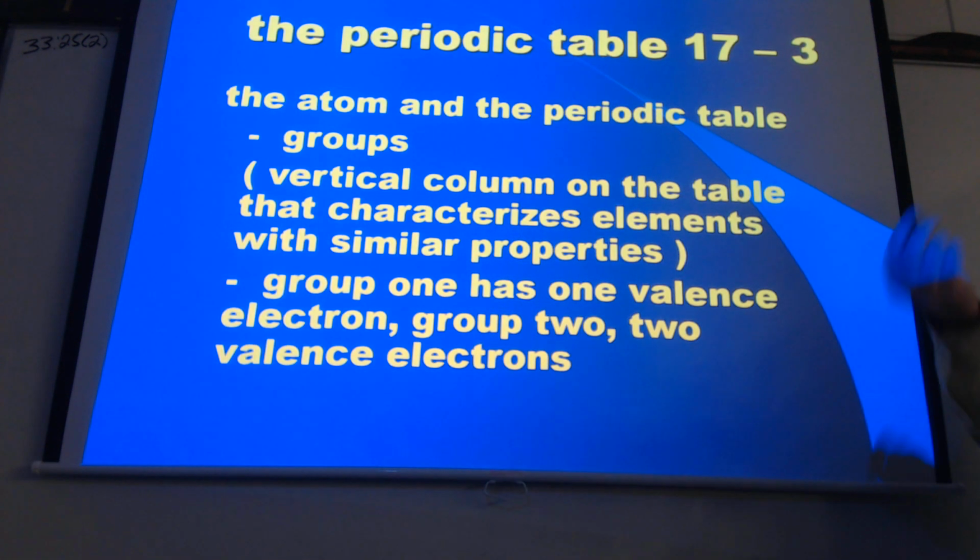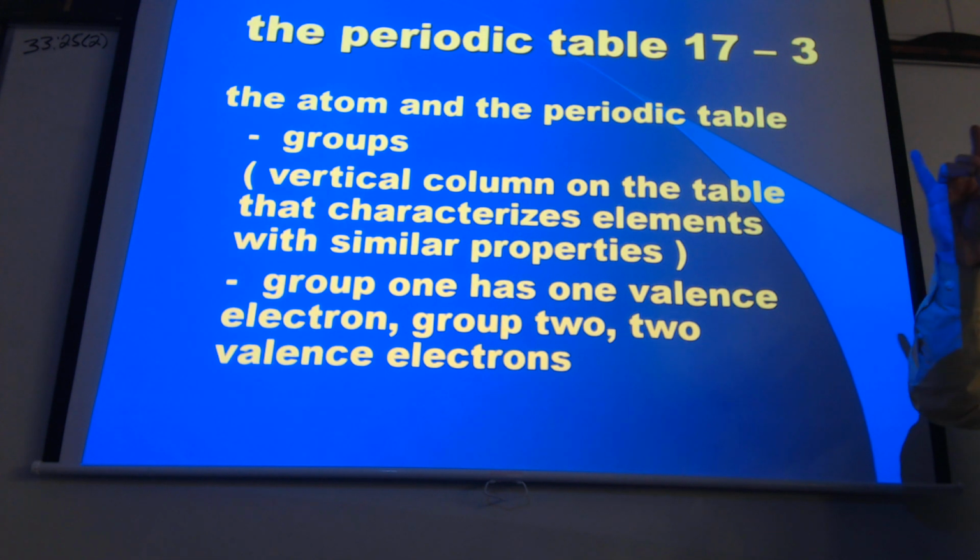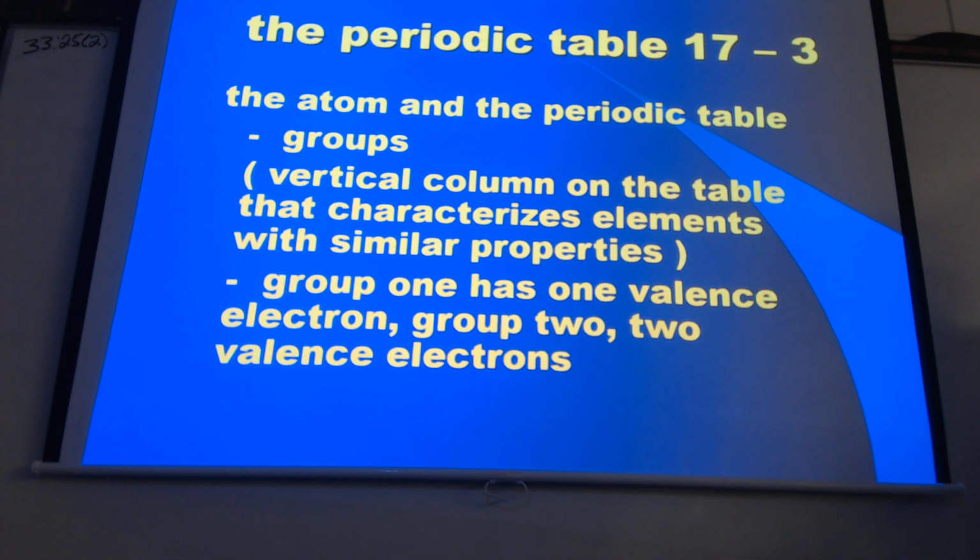So how many valence electrons do they have? 1. Beryllium, magnesium, calcium, and strontium. Right next door to it. What column is that? 2. So that has 2 valence electrons. Because remember, the column it falls into tells you how many valence electrons it has. Make sense?